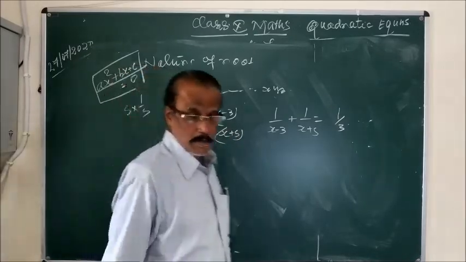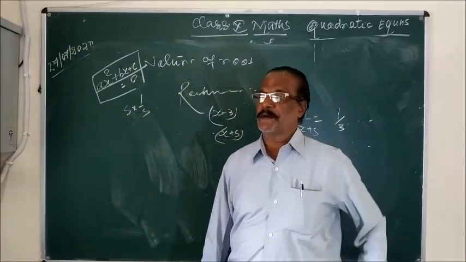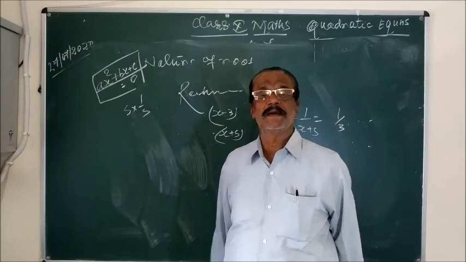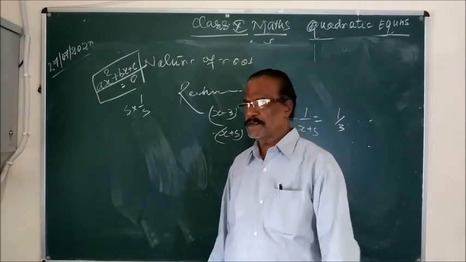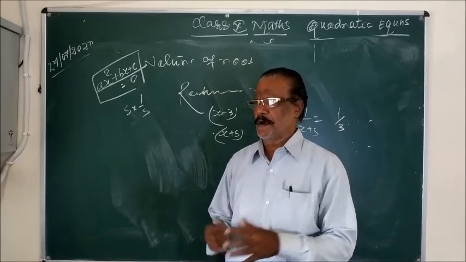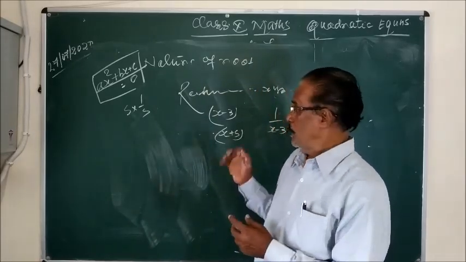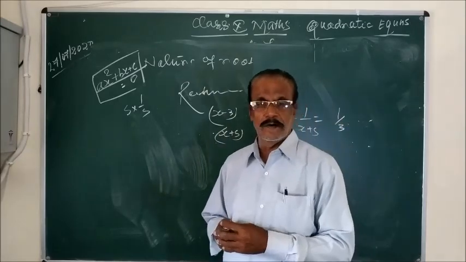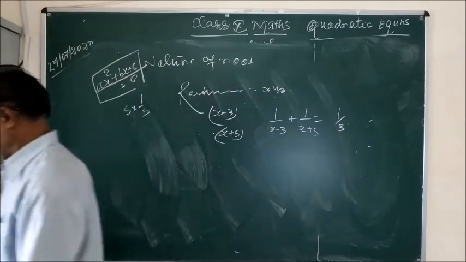You will try to solve that problem, and if you find any difficulty, you can contact me. I will try to remove your doubts. It is an easy chapter. That's all for today. Thank you.